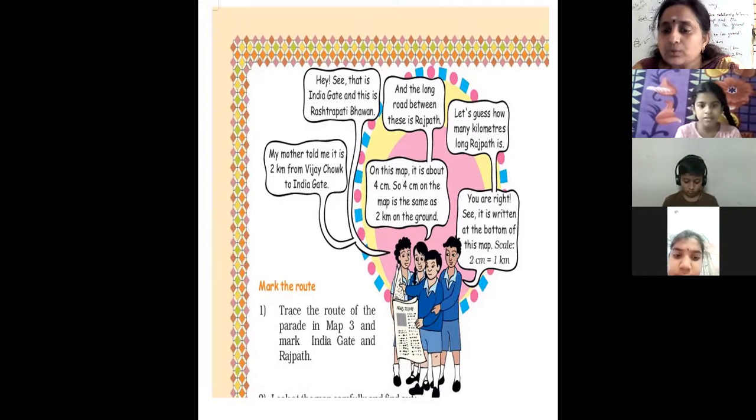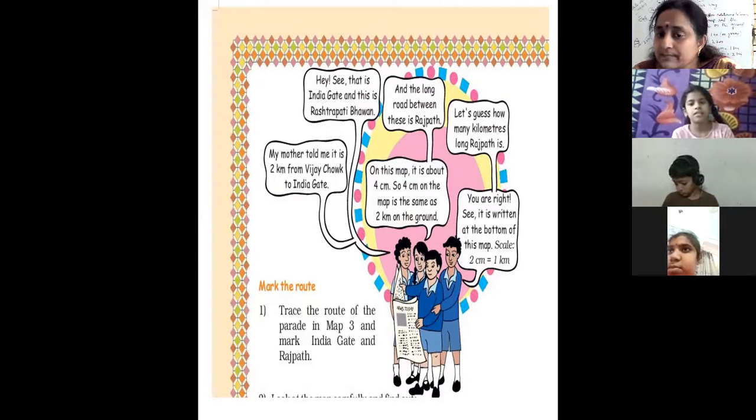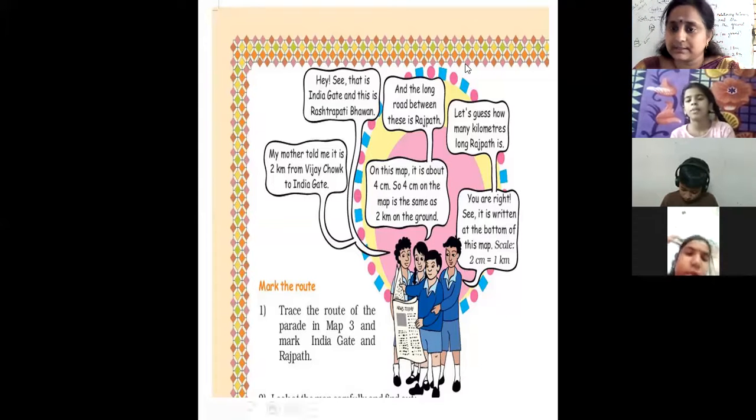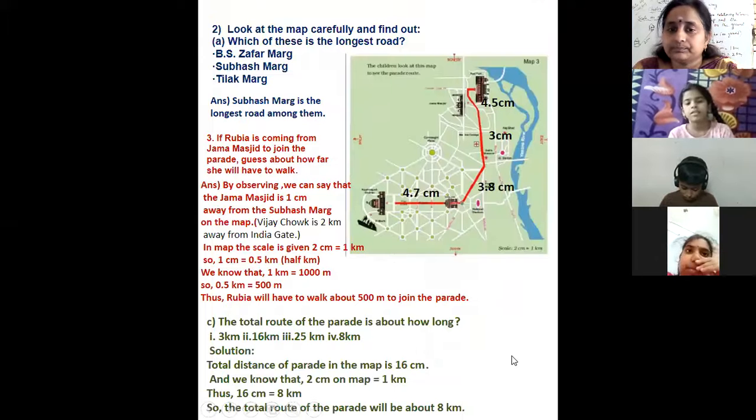The scale is 2 centimeters equals 1 kilometer. So Rajpath, how long is it? How many kilometers? 4 centimeters means 2 kilometers.